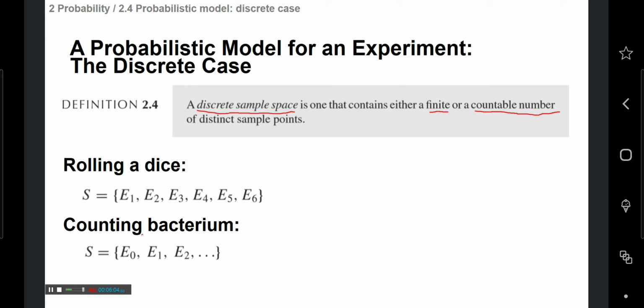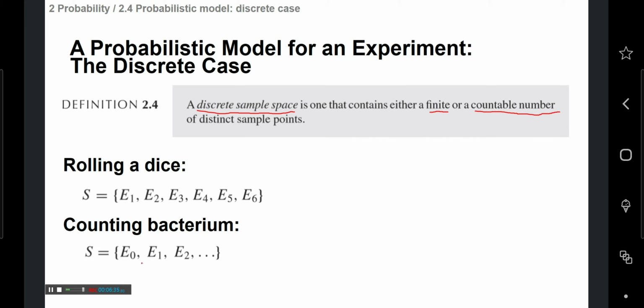So we are counting how many bacteria there are. If there's no bacteria, that's E0. If there's one bacterium, that's E1, and so the events correspond to the natural numbers. Natural numbers are the integers greater than 0.